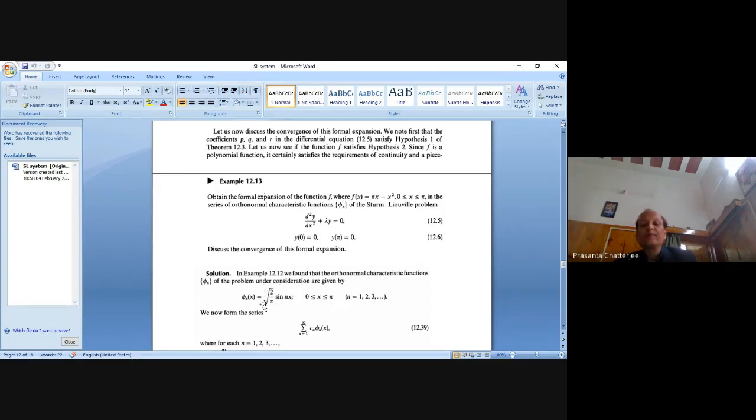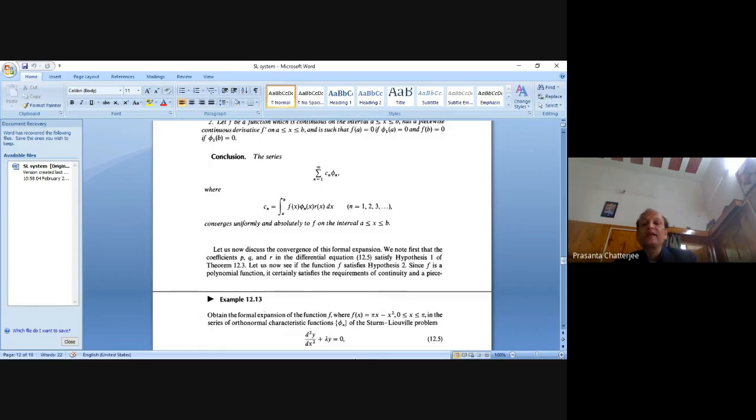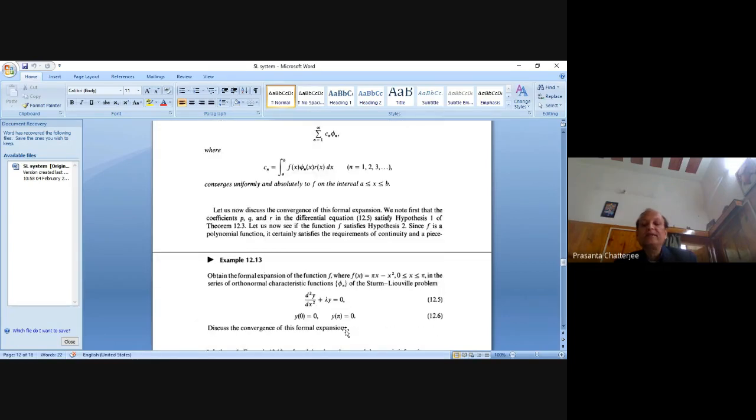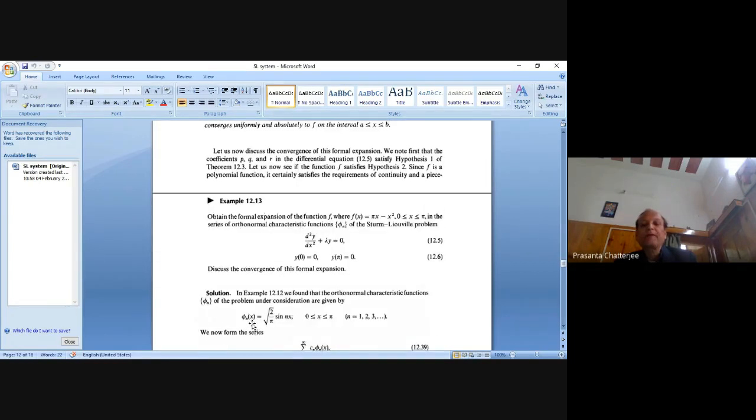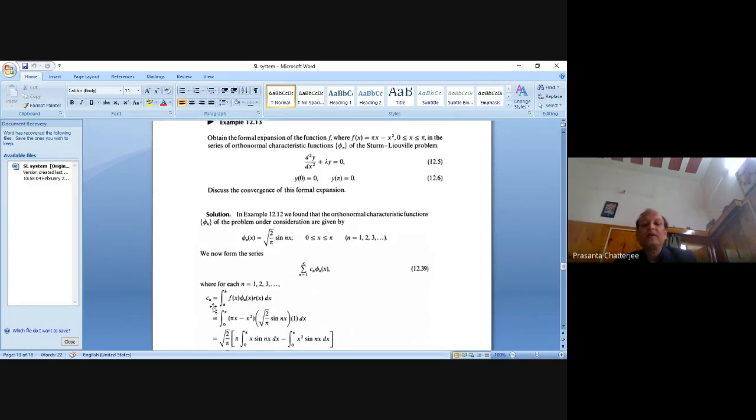So f(x), that is pi x minus x square, can be written in this form: sum from n equal to 1 to infinity of c n into phi n(x), where phi n(x) is given by root 2 by pi sin nx, and c n will be obtained from this particular formula. c n will be the integral from a to b of f(x) into phi n(x) into r(x) dx.